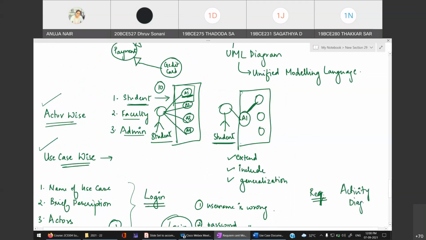But if my actors plus requirements are coming, then you will convert the same activity diagram into a swim lane diagram just by shifting the corresponding functionalities to the specific actor.